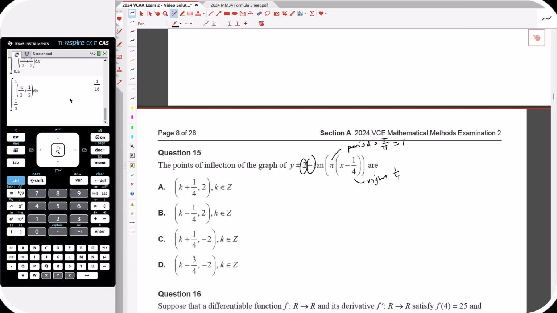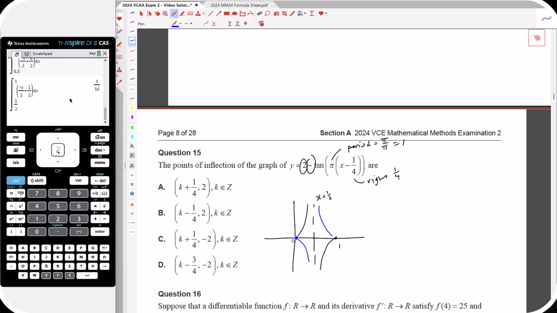All right, so we could think this through. A standard tan graph, a standard period, looks something like this. This would be the end of the period here, so in this case that would be 1, and the asymptote here would be a half. We need to first reflect this graph and then translate it right by a quarter and up by 2.